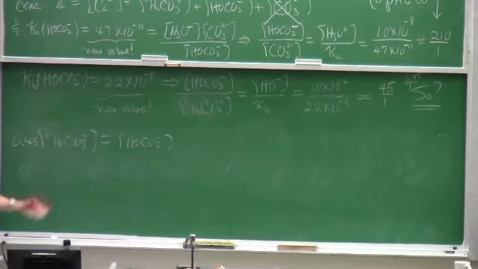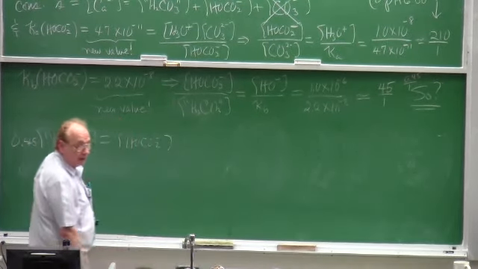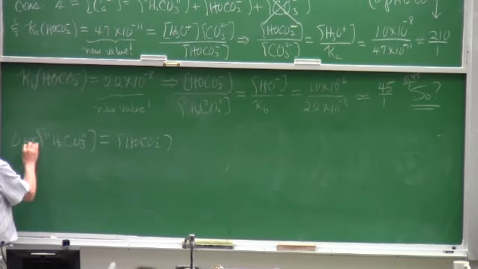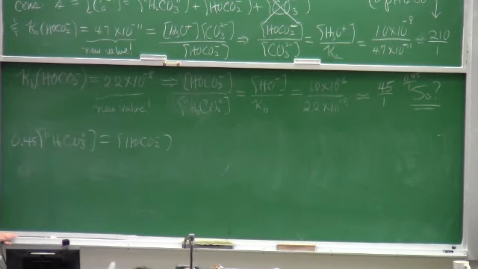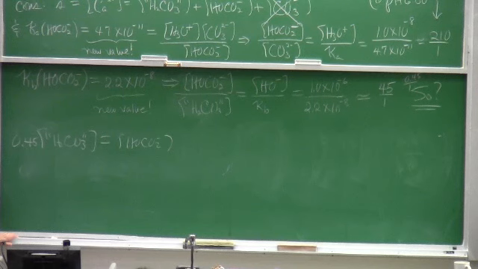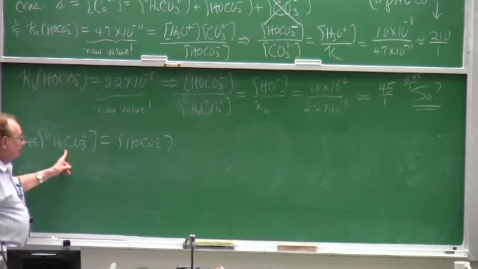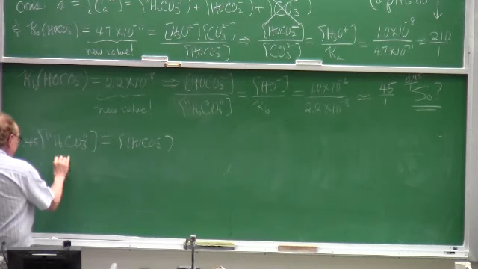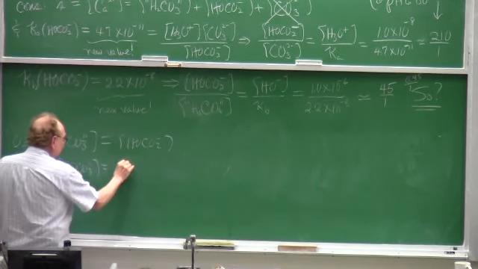That okay? Nothing fancy. I got this over, this is equal to 0.45 over 1. So this molarity times 0.45 is equal to this. Okay? Now, that means that this molarity equals this.